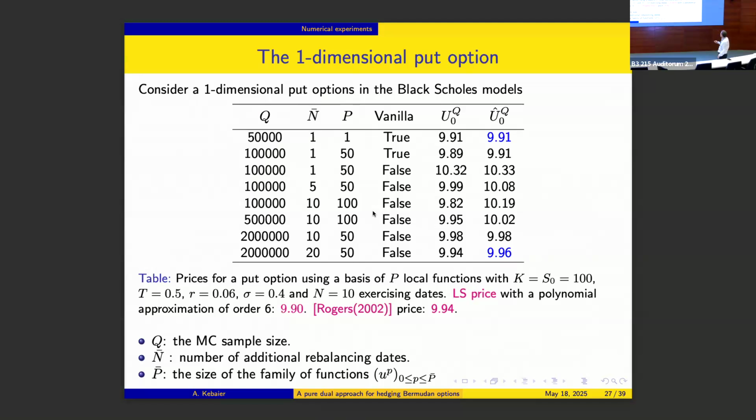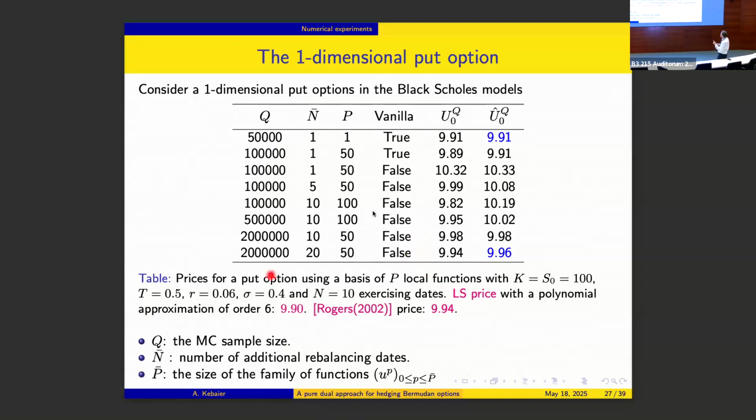So this is the price, how it evolves. From a very naive approach, we got a price of 9.91. By the way, the Longstaff-Schwartz price is 9.99, and the Rogers price is 9.94.